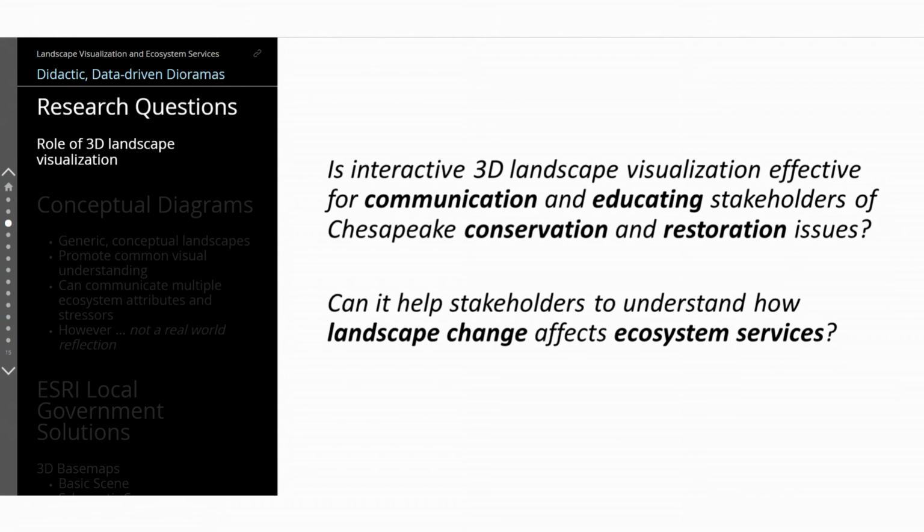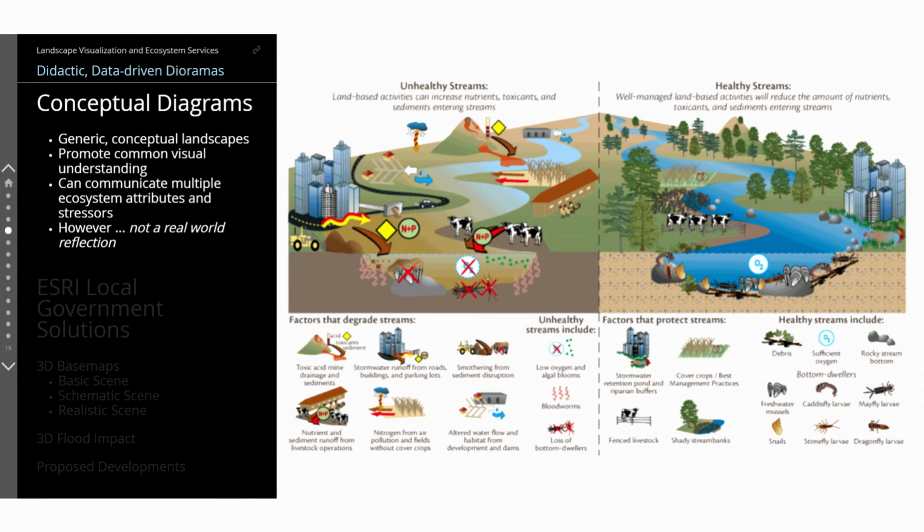The focus of my research interest is whether interactive 3D landscape visualization is effective at communicating a wide variety of natural resource issues, specifically conservation and restoration issues. And then, can it be used to communicate aspects of landscape change as it impacts ecosystem services? We have a long history with science communication, not necessarily very good at it sometimes.